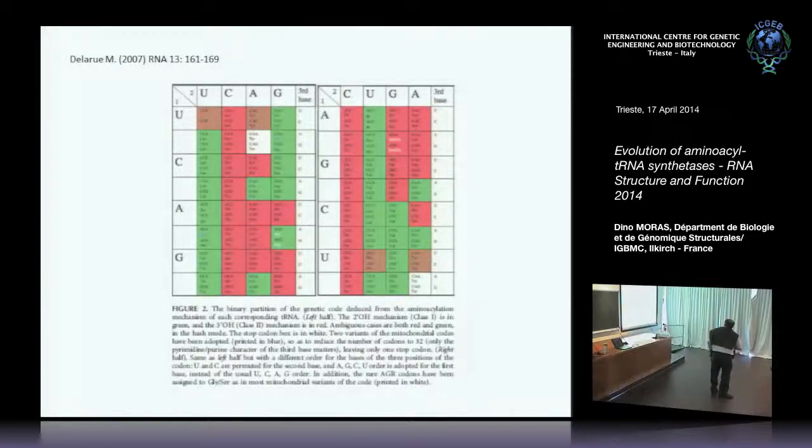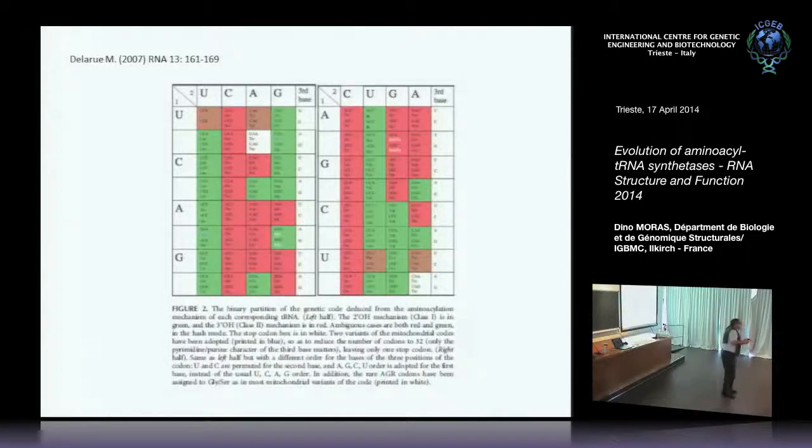You see how the color is distributed, and you have class 1, class 2. Well, that tells you that the cytosine in the second position is class selective. So you start to have some hints now in terms of evolution.